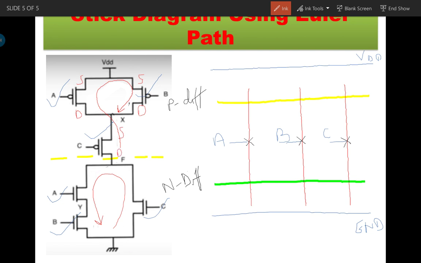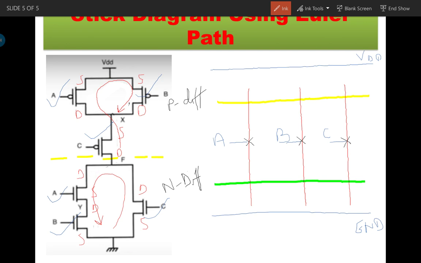Similarly, for the N type, upper is drain, lower is source. So we will make those connections on the layout design also.